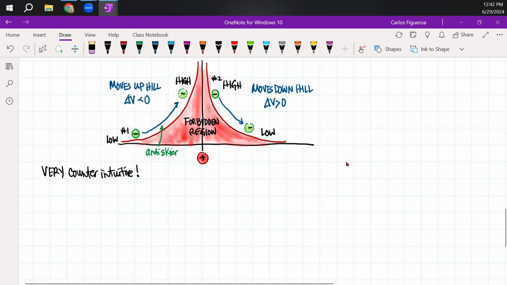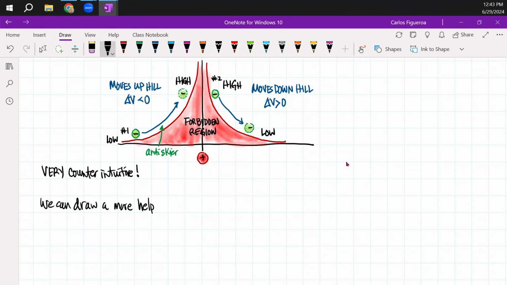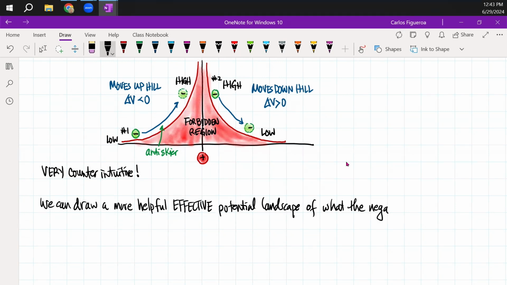Okay. We can draw a more helpful, effective potential landscape of what the negative test charge sees.